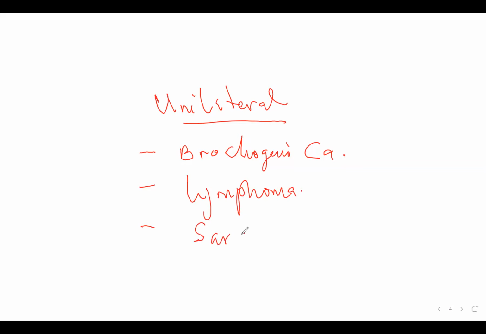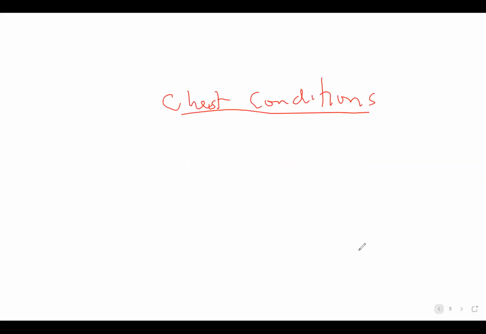There is a condition called sarcoidosis. You have pulmonary embolism. Pulmonary embolism can give you a unilateral hilar lymphadenopathy.